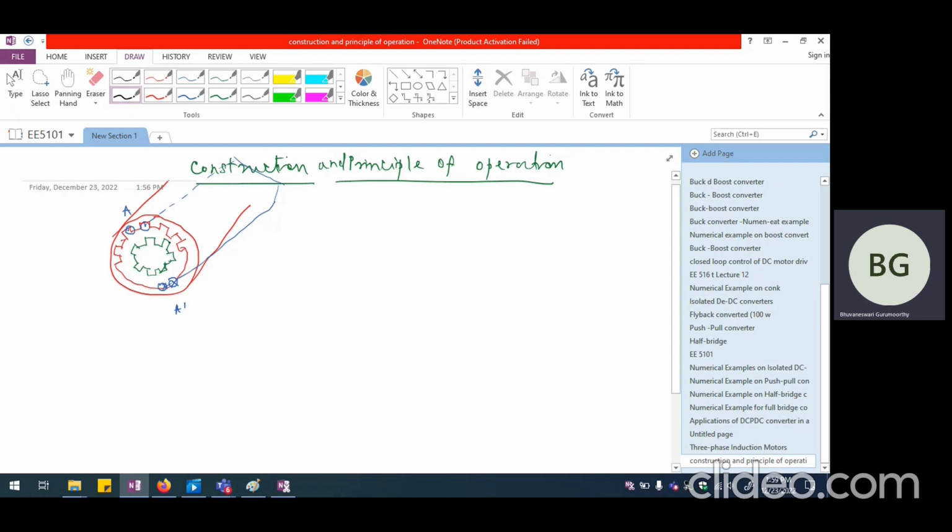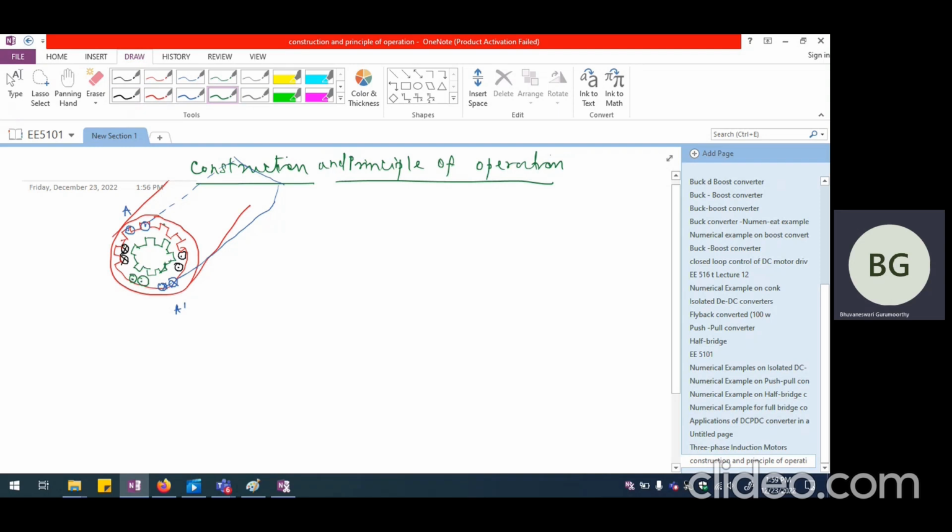Similarly, I'm going to have B phase, which is about 120 degrees shifted from the original A phase. I'm going to have the B phase winding coming up here like this. So this is going to be cross and this is going to be dot. As far as the C phase is concerned, I'm going to have C phase winding sitting here, which is again 120 degrees away from B phase.